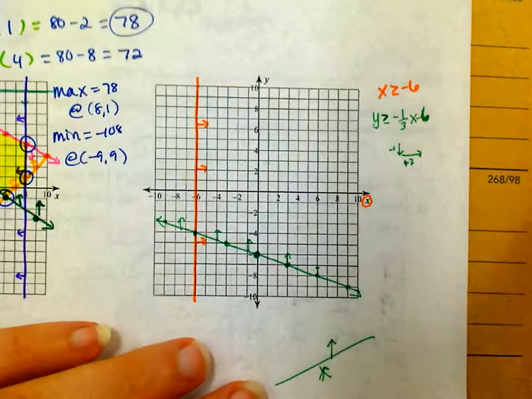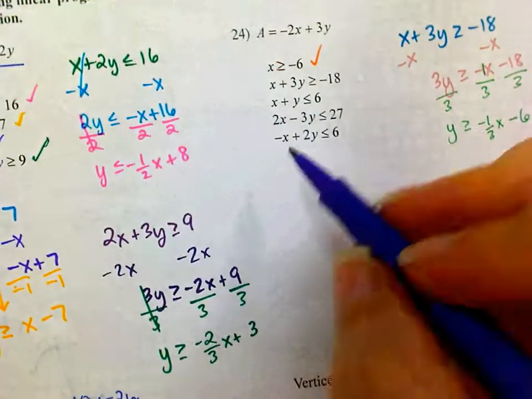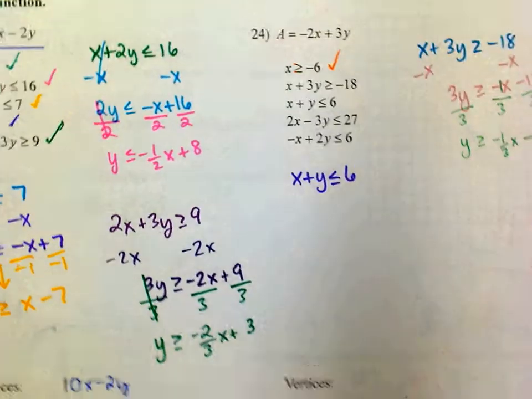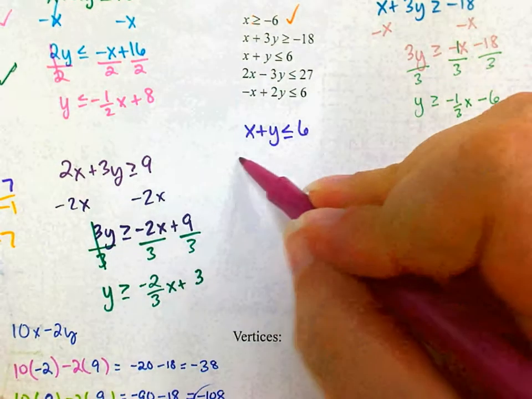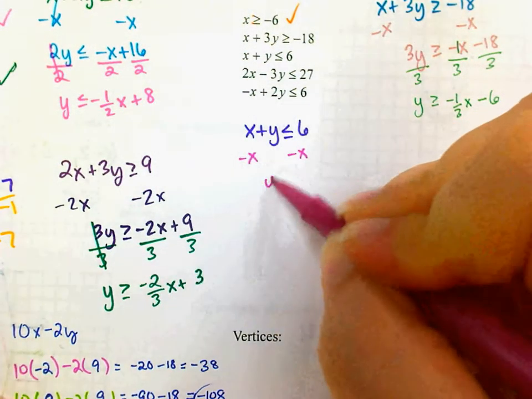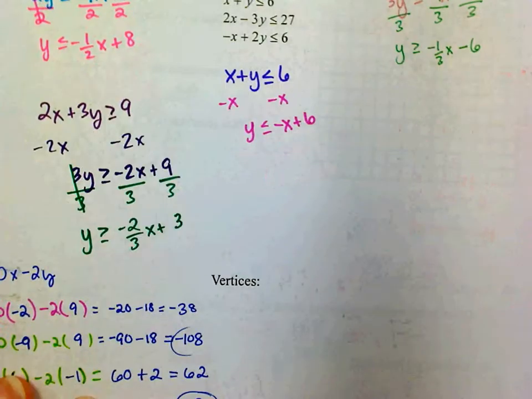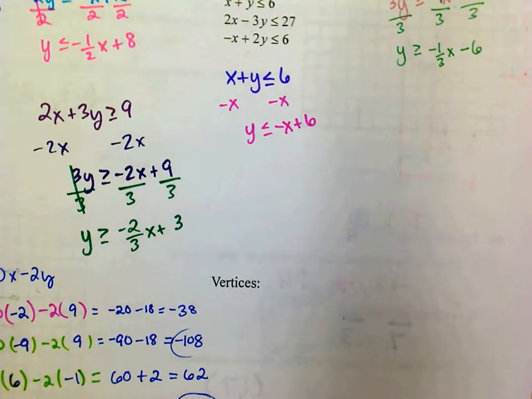Now the next one is x plus y is less than or equal to 6. So I need to solve for y. What do I do? Subtract x. Y is less than or equal to negative x plus 6. What is my y-intercept? Positive 6. What is my slope?